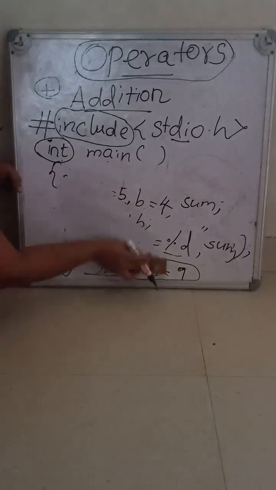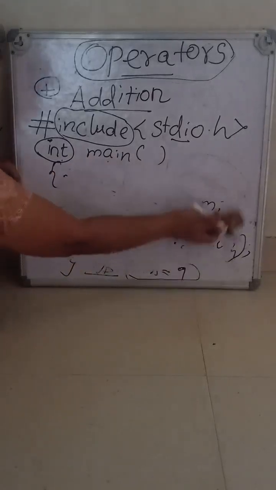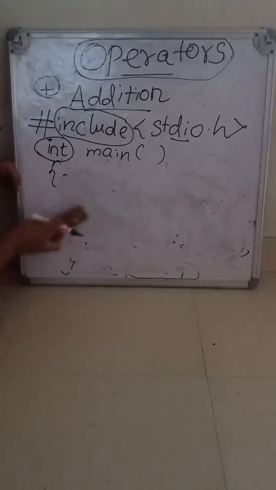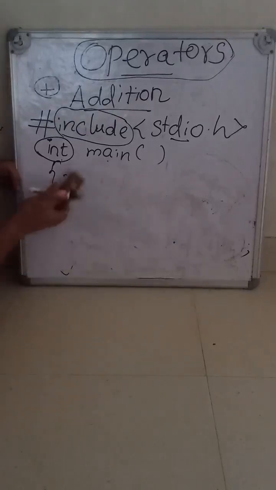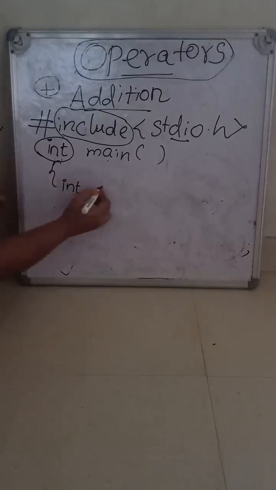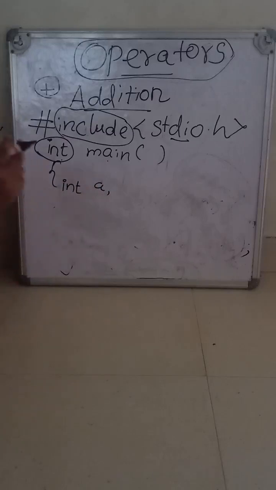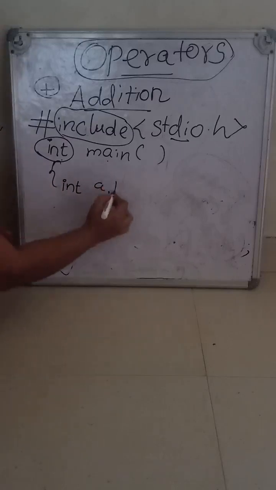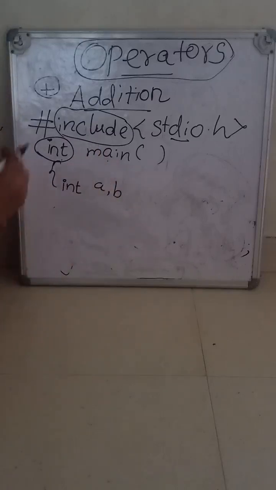What are all the modifications that I have to do for reading the values from the user during runtime? For that, first you have to declare int, and A is a variable for reading the first value, B is a variable for reading the second value.